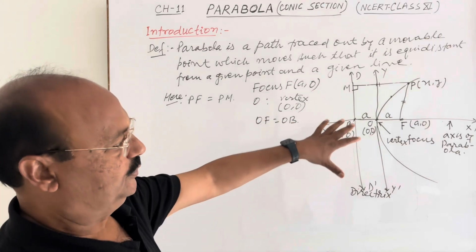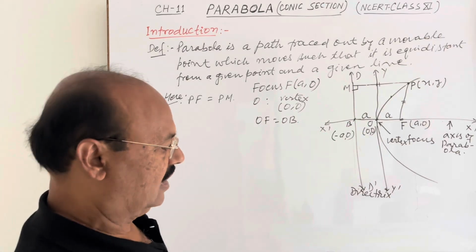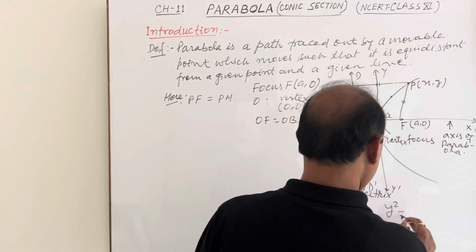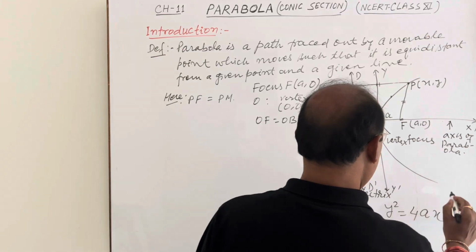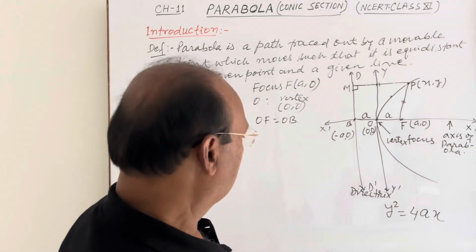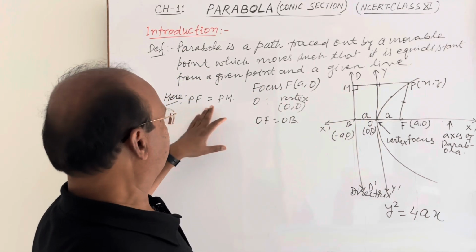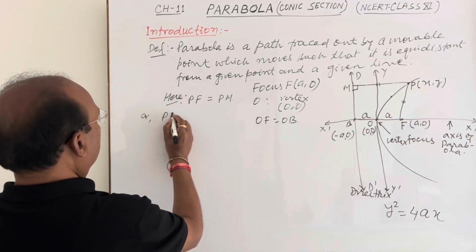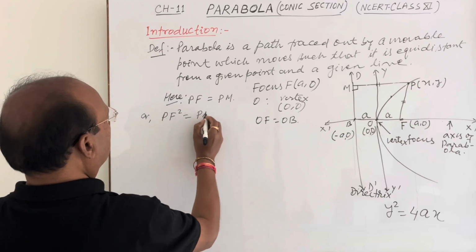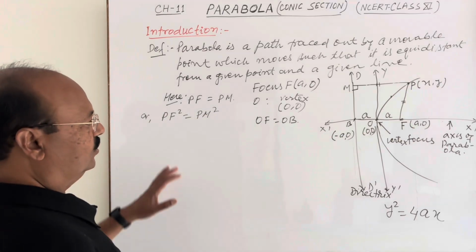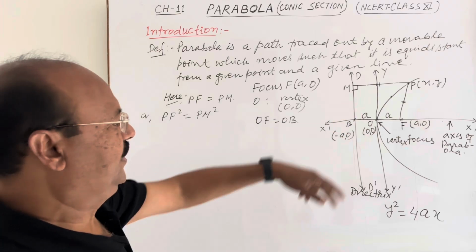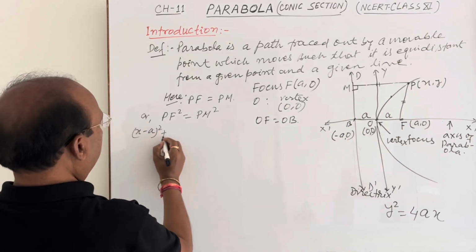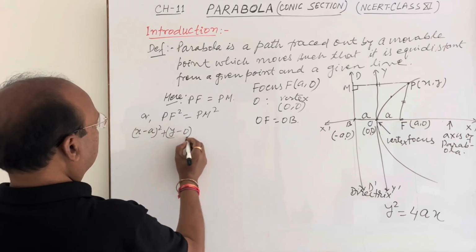So now let us try to derive the equation of the parabola. In this particular case, the equation of the parabola will be y square is equal to 4ax. So we will start with PF is equal to PM, or squaring both sides, PF square is equal to PM square. By the distance formula, PF square can be written as (x minus a) whole square plus (y minus 0) whole square.